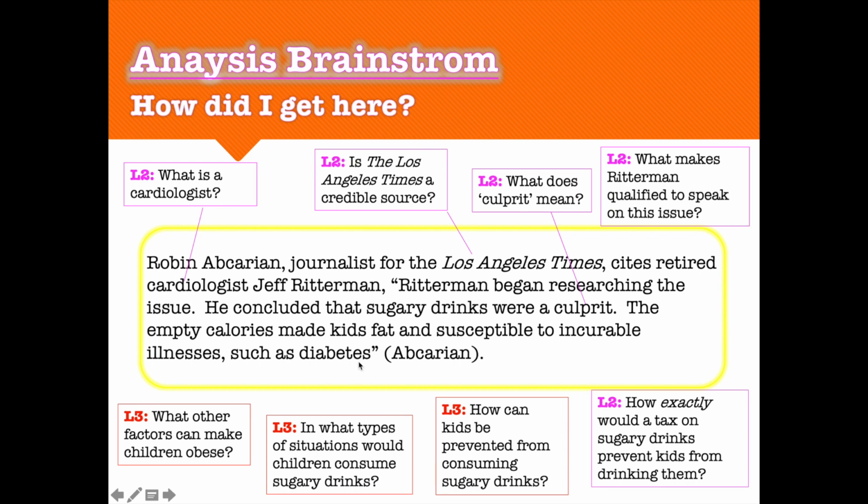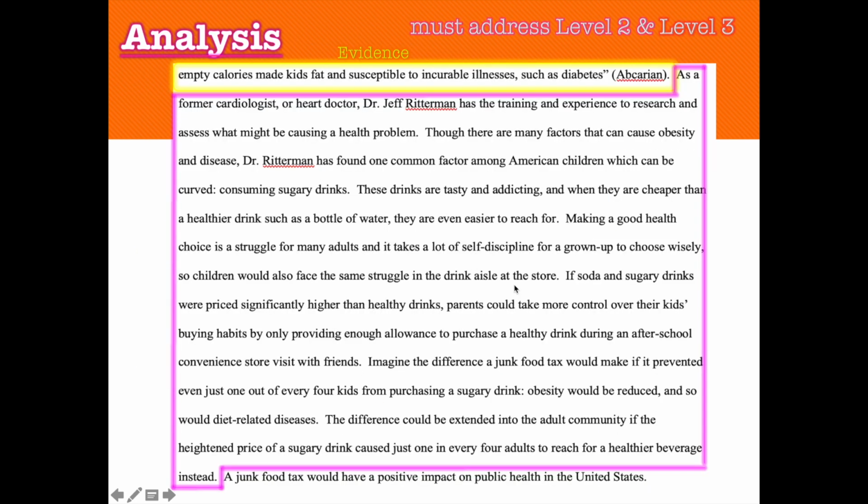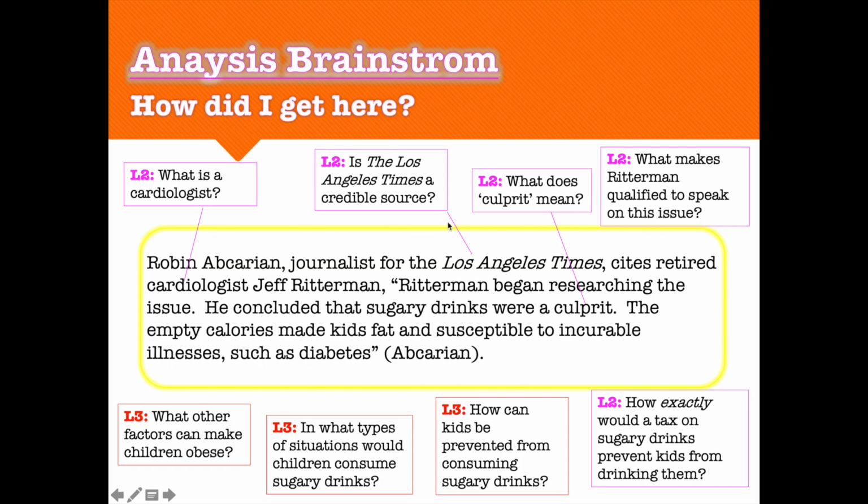This quote gives me a piece of information that leads me to say that a tax on junk food would be a solution. I ask these questions because as I answer them, each time I answer a question, whether it's a long answer, one sentence answer, or a two-word answer, it becomes a part of my analysis. Now, not every single question here needs to be answered.